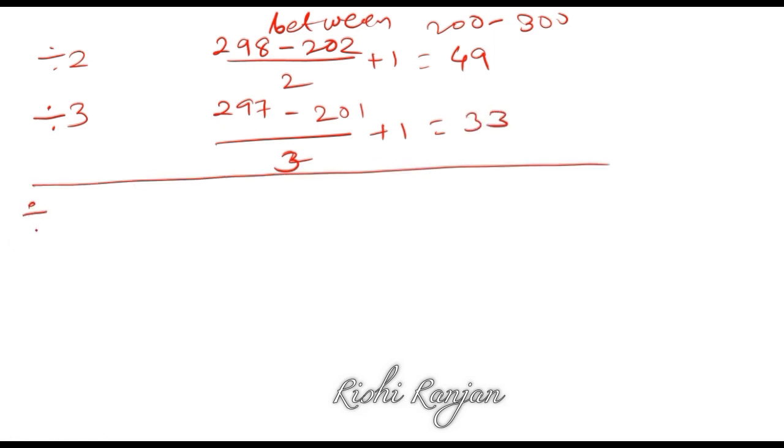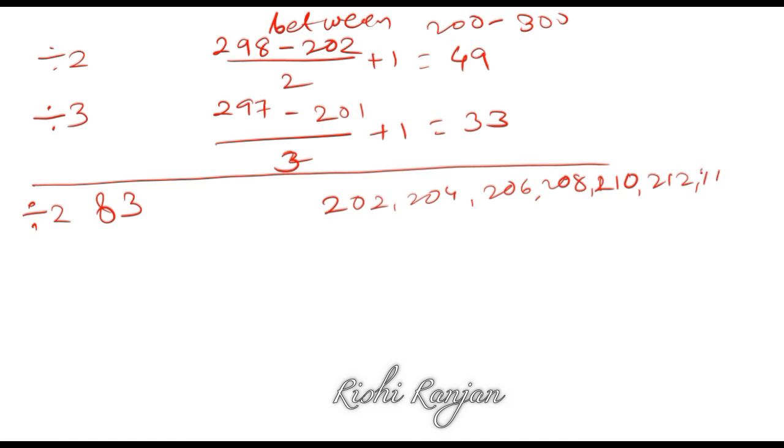How many numbers are divisible by 2 and 3, both of them? If I talk about the numbers divisible by 2 and 3, both of them, let me see. Numbers divisible by 2: 202, 204, 206, 208, 210, 212, 214, 216, and so on.